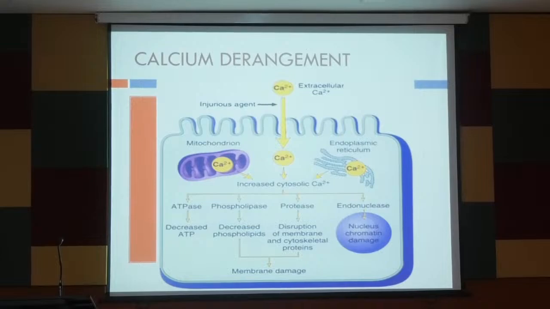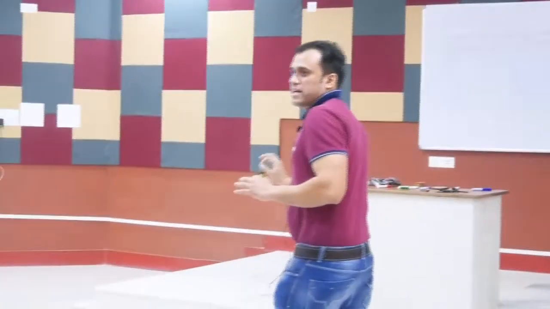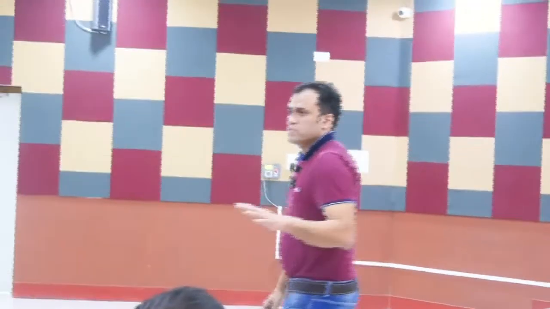So all these things work hand in glove in causing death of the cell. Devastation, absolute devastation. Is this point clear? See, don't just read the theory. See the diagram and try to explain. It becomes very easy.